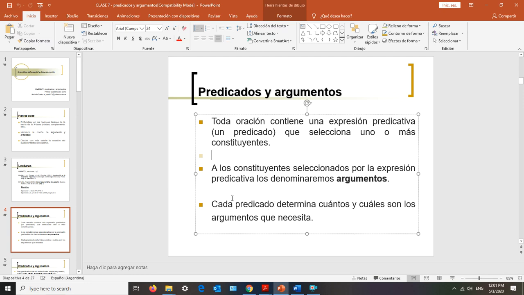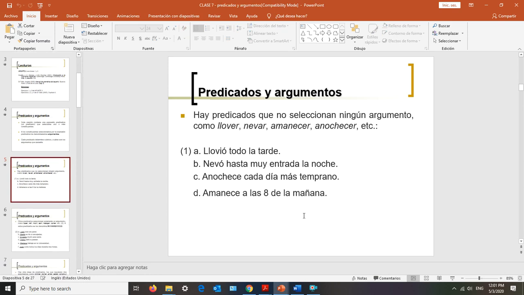Each predicate, as you have here in the last bullet point, determines how many and what type of arguments it needs so as for the predicate to be in a grammatical sentence. However, there are predicates that select for no argument, such as atmospheric verbs, like the ones listed here: rain, snow, amanecer in Spanish, anochecer.